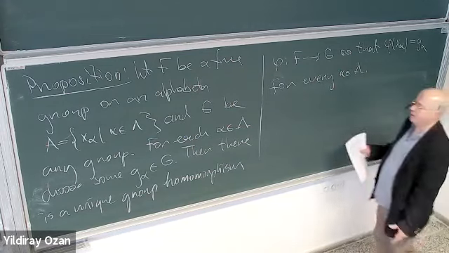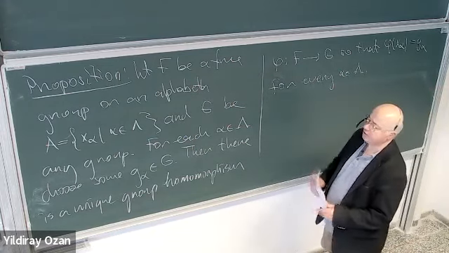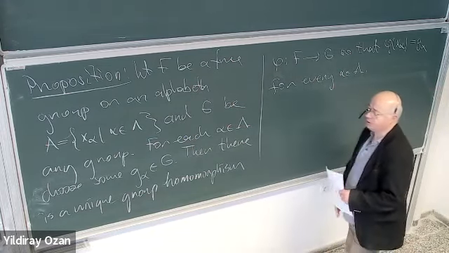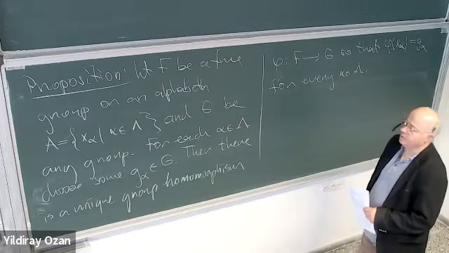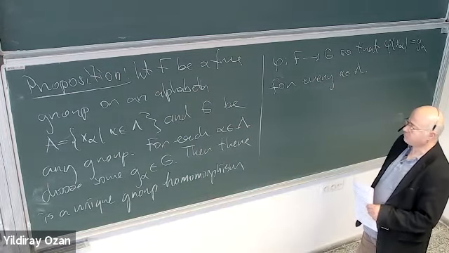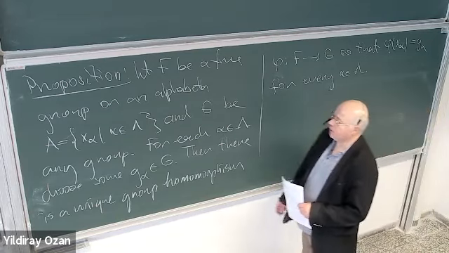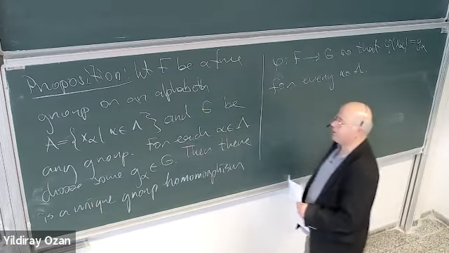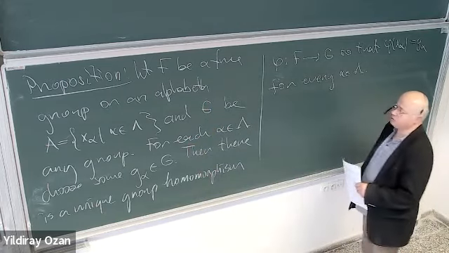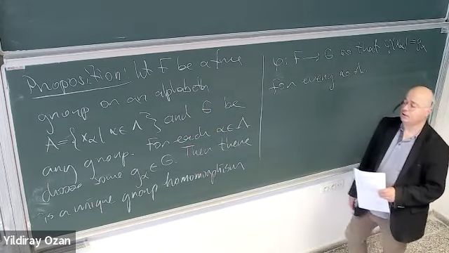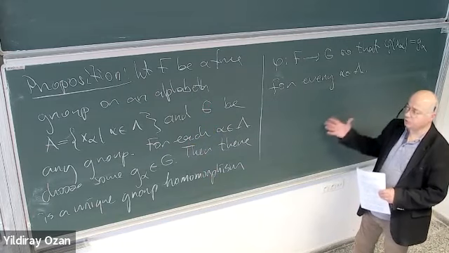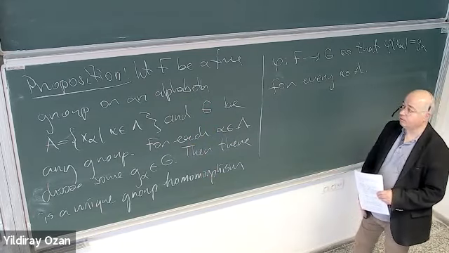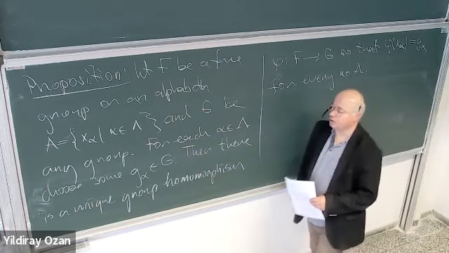So this is just the group theoretic version of that, in a sense. So a free group has this property, and actually this is kind of the universal property of free groups.